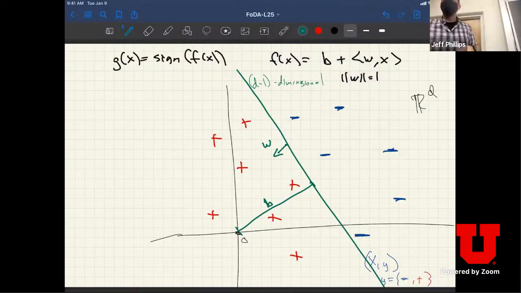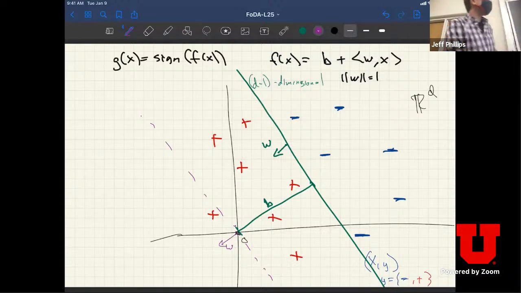So if I have a normal direction that's off of the origin, if W was instead, you can imagine a W that's here. If this was the normal direction, well, if the sign was negative, this would correspond with a different half space, so that only this one plus point in the bottom left has a positive dot product with W. If the dot product of its coordinates with W is greater than 0, then that's classified as positive.